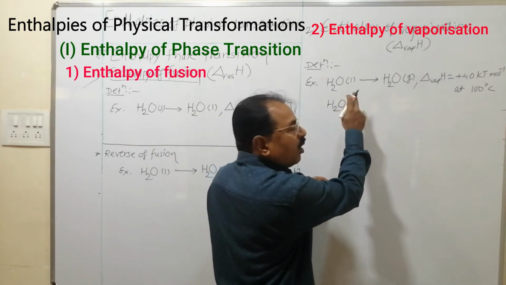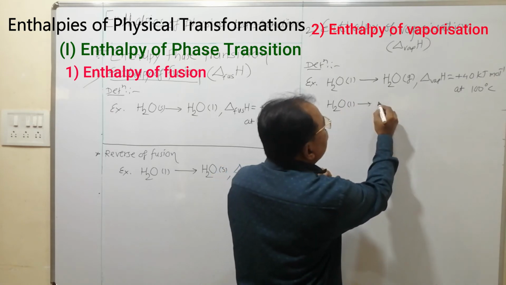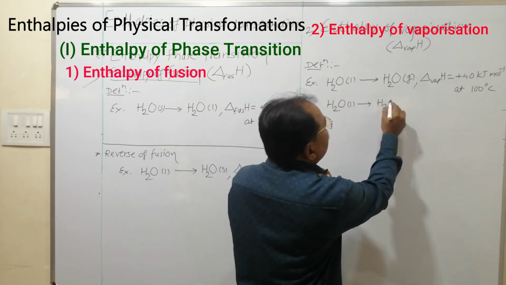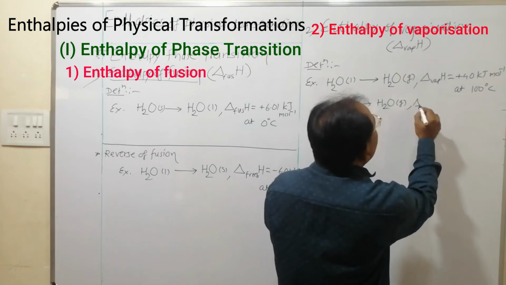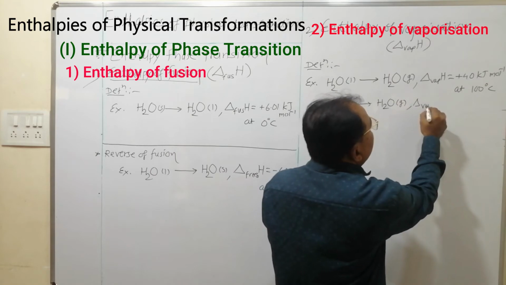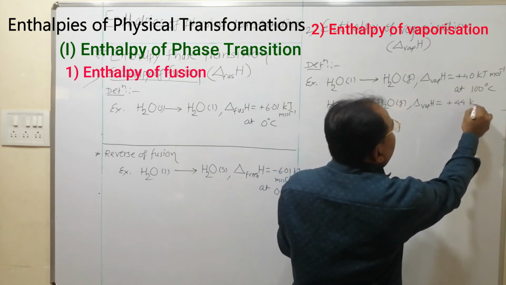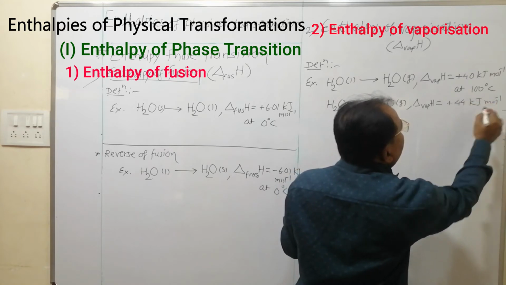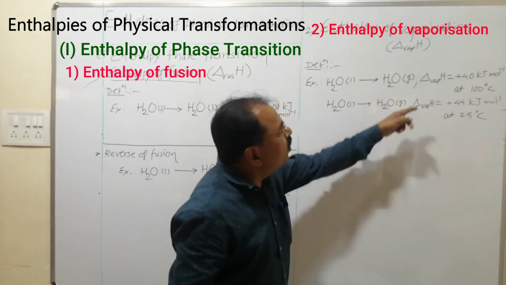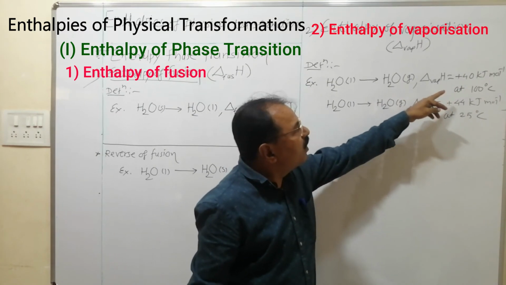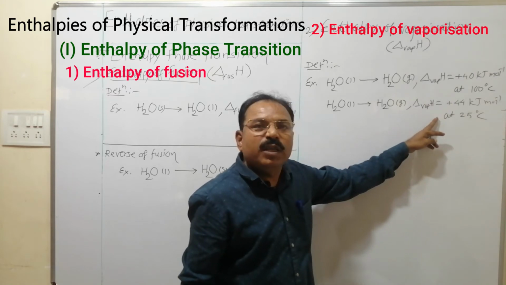vaporization of 1 mole of water into gaseous state at 25 degrees Celsius. Therefore, its enthalpy of vaporization is equal to plus 44 kilojoule per mole at 25 degrees Celsius. That means in the first case the temperature is higher, in the second case the temperature is lower.